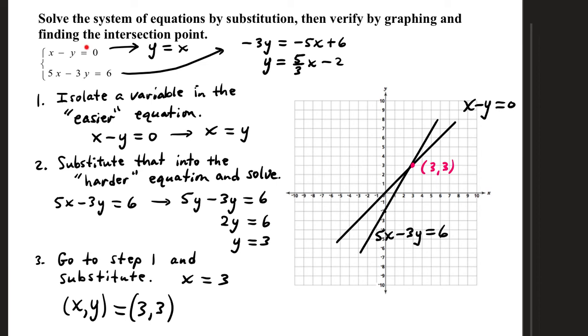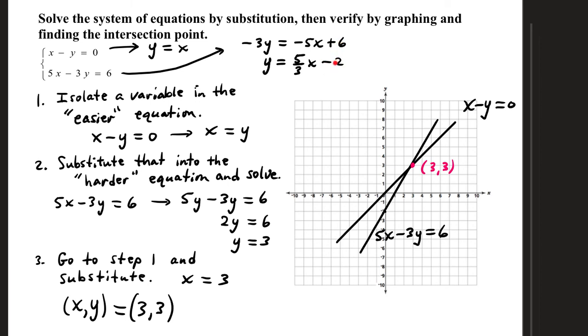The top equation, if you isolate y, you get y equals x. In the second equation, when you isolate y, you subtract 5x on both sides, divide everything by negative 3. Negative 5 over negative 3 is a positive 5/3. 6 divided by negative 3 is a negative 2.